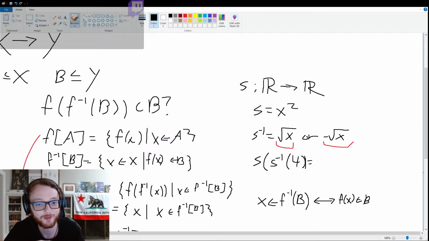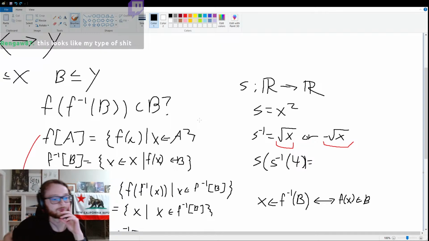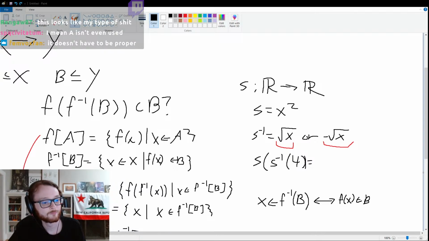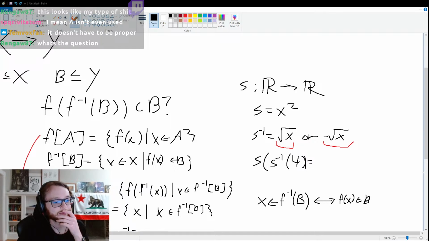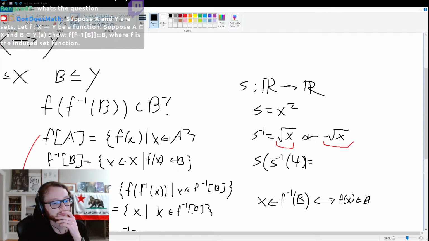Hey, Rengat, if you have an idea, please. The thing that gets me is it being a proper subset, I guess. That's the question, Renga.